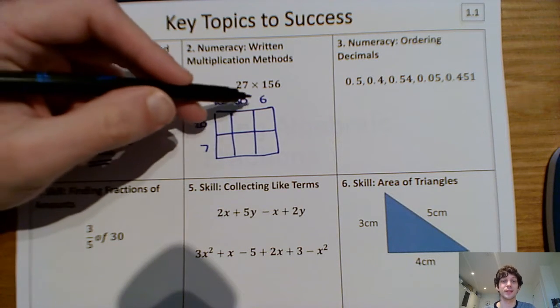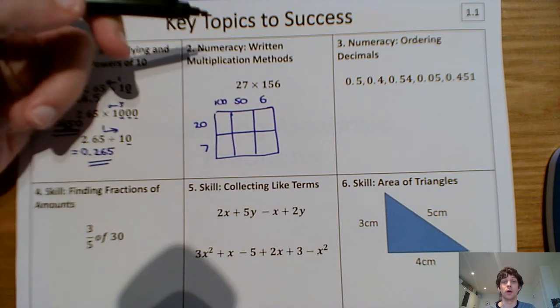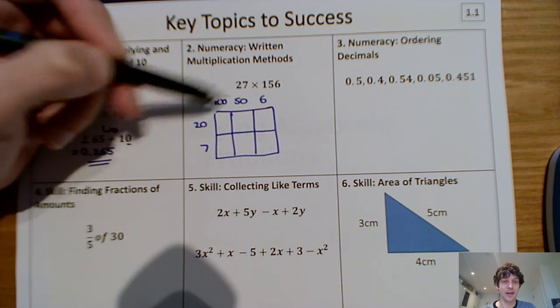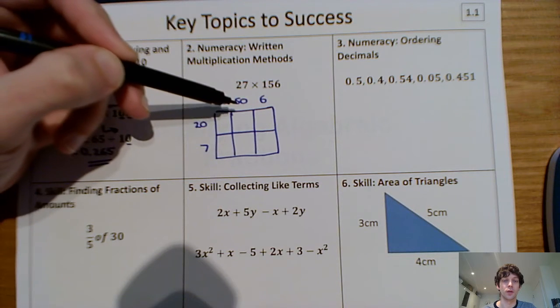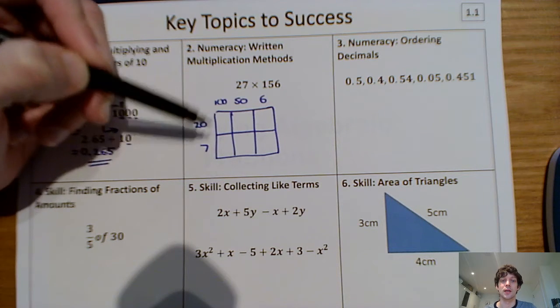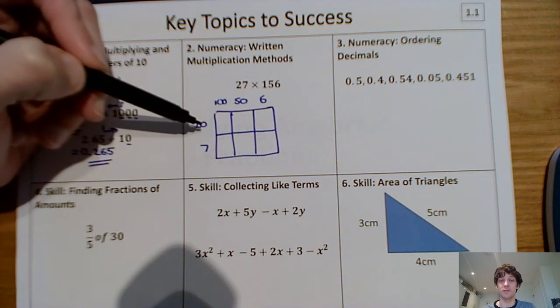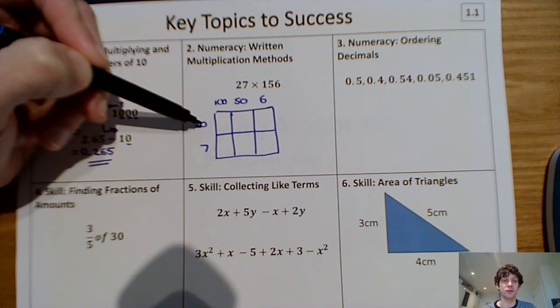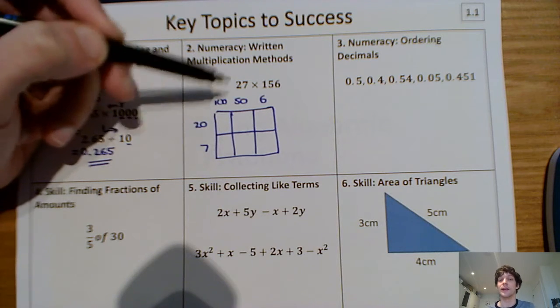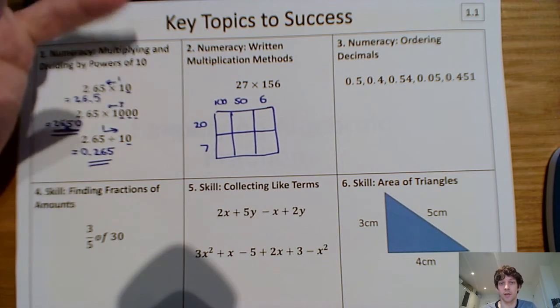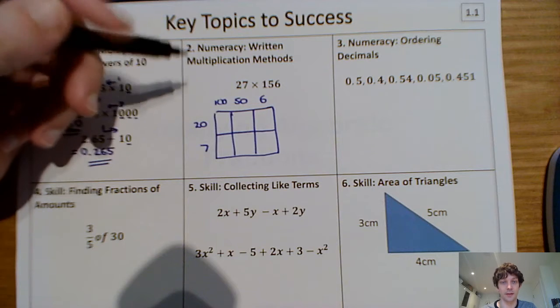Okay, so I'm just splitting, what we call partitioning, these numbers up. 27 is 20 plus 7. 156 is 100 plus 50 plus 6. I don't actually need to partition these in this way. I could have partitioned 27 as 25 and 2, but for multiplying it's a lot easier if we've got things that have zeros in them at the end.